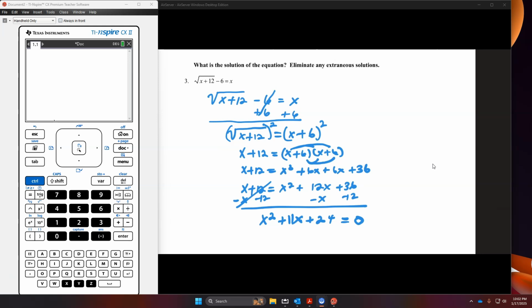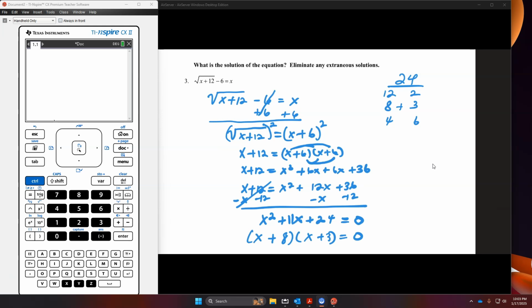So you want to get the factors of 24. You have 12 times 2, 8 times 3, 4 times 6. And the only ones that are going to add up to be 11 are 8 plus 3. So the factors are (x plus 8) times (x plus 3) equals 0.